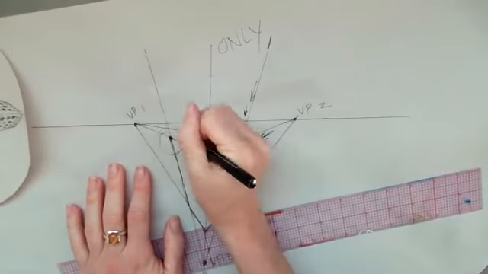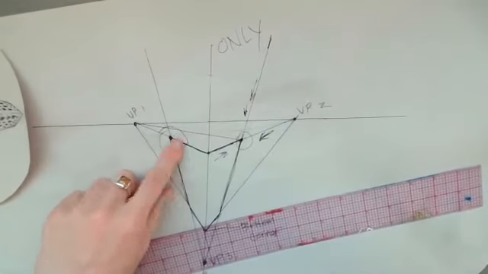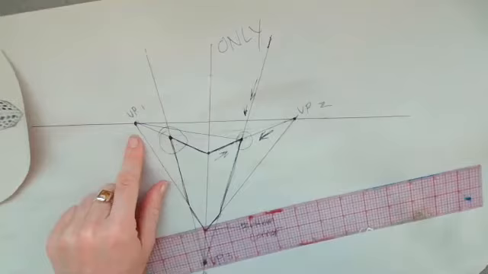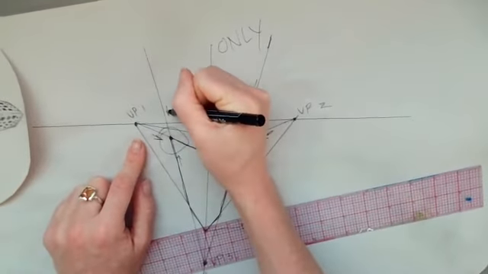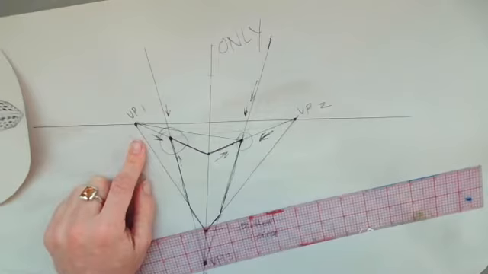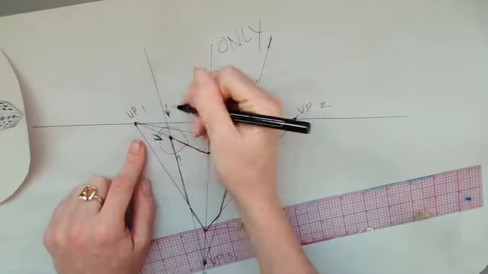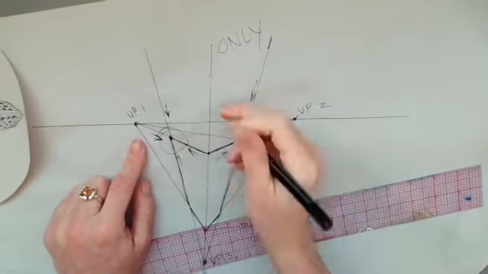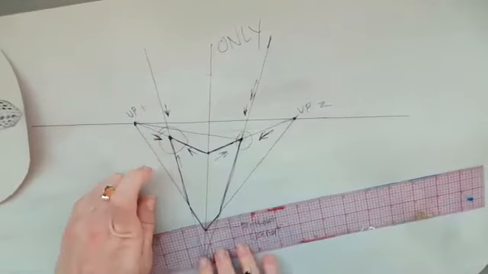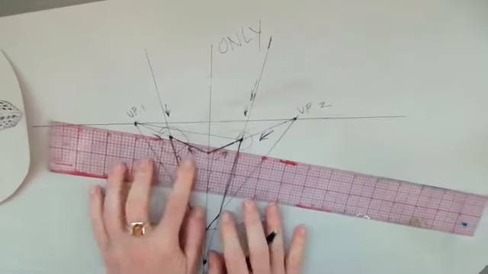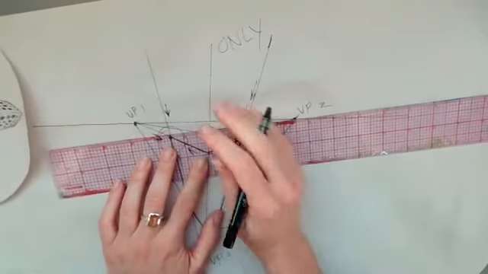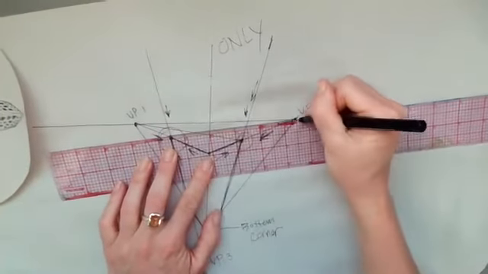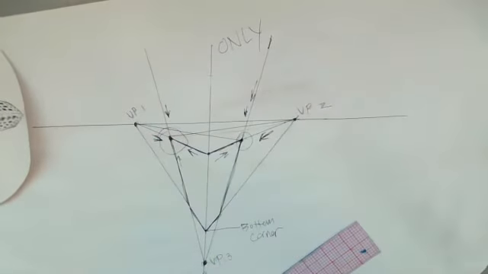Where all these lines intersect, your diagonal, your vertical, going across, going down, they're all converging at this point, and you're just going to take that point with your ruler and connect it back to that point and draw. Okay, and there you have it.